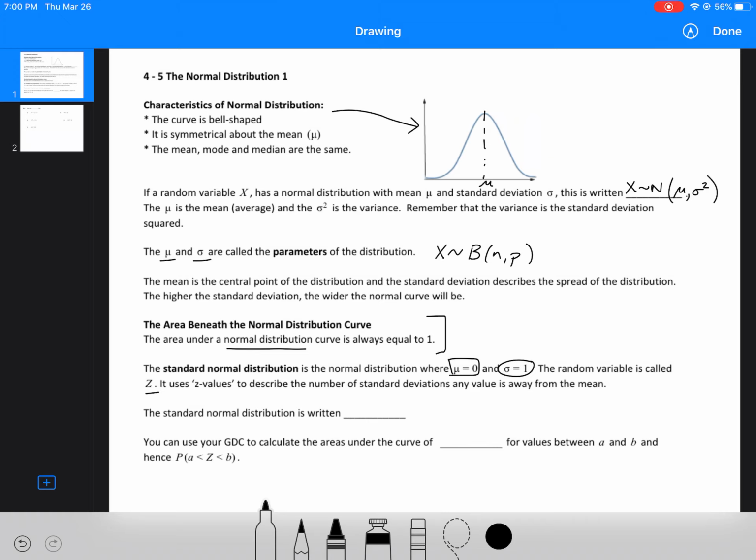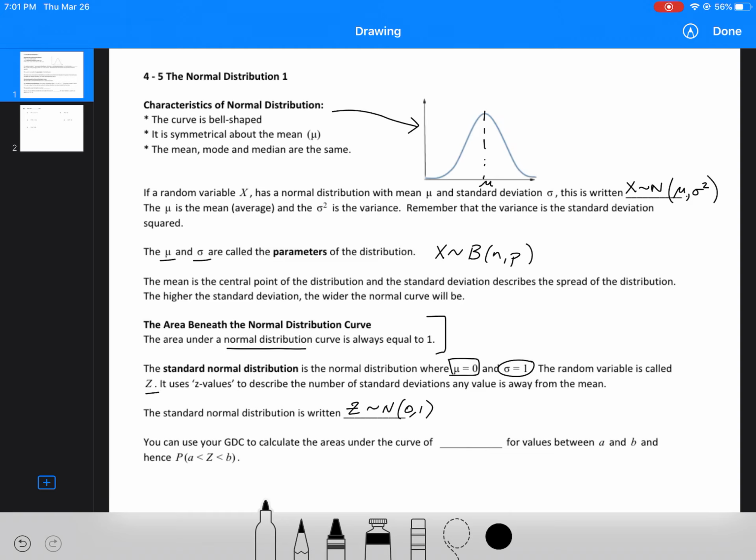It uses z values to describe the number of standard deviations any value is away from the mean. We write the standard normal distribution with a z instead of an x, and then with the parameters 0 and 1, because those are fixed for the standard normal distribution.